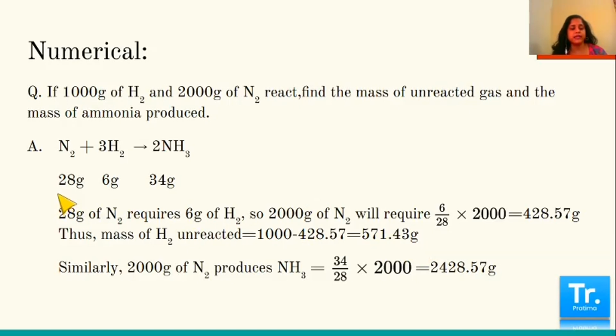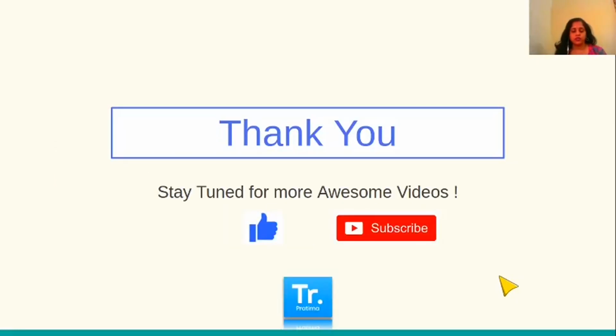And if 28 gram of nitrogen produces 34 gram of ammonia, then 2000 gram of nitrogen will produce, this calculation, 2428.57 gram of ammonia. So, unitary method.